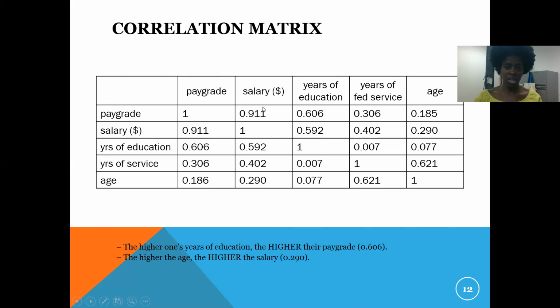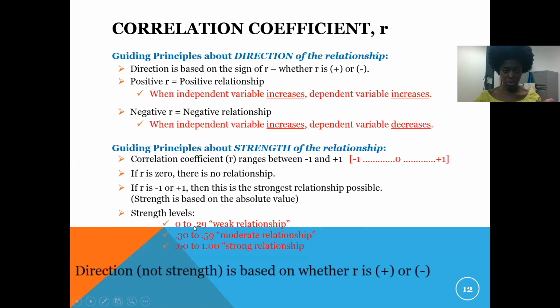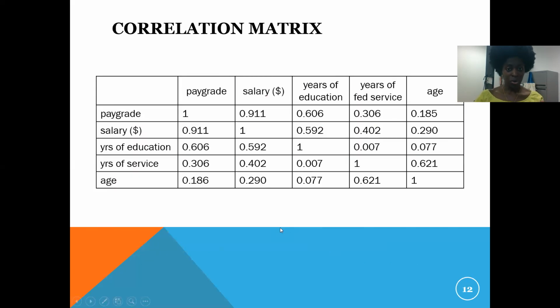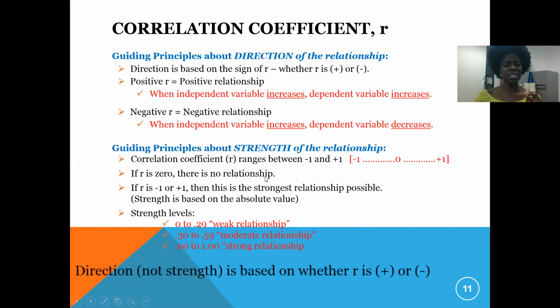Well, let's take a look. Age and salary, it's still positive, yes. And the relationship, we can say 0.29 is weak. So it's right there at the border, but we'll call it weak because we are all on the same page on what we're going to call it. And this is for this class. I know other fields use this, and this might differ by field, right? 0.7 might start a strong relationship in some fields, in some offices.